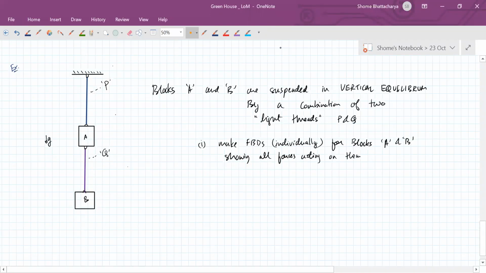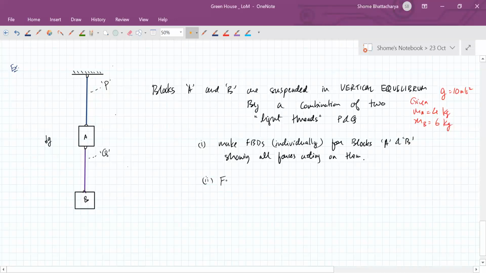And for that, it is also additionally given to us that the mass of the block A is let's say 4 kilograms, and the mass of the block B is 6 kilograms. And g, of course, we are taking as the standard approximate value, 10 meters per second square.